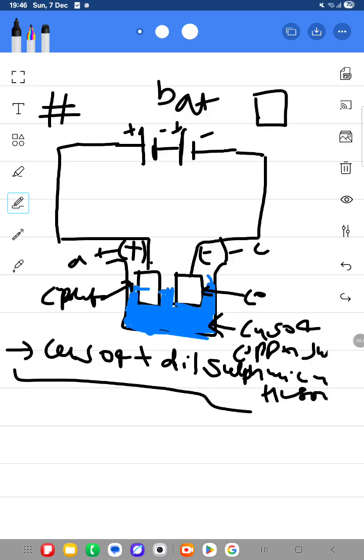Now when electricity will flow from positive to negative, what will happen?